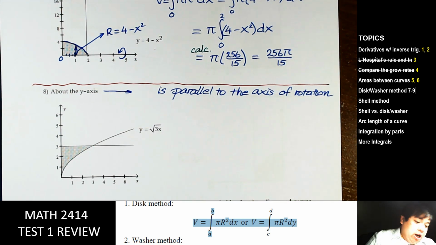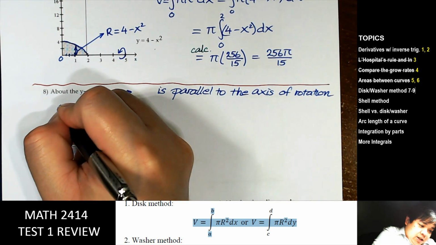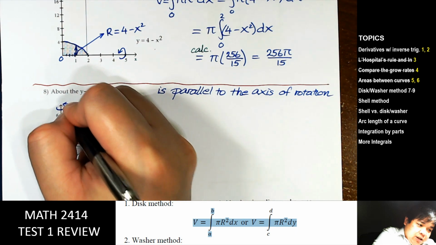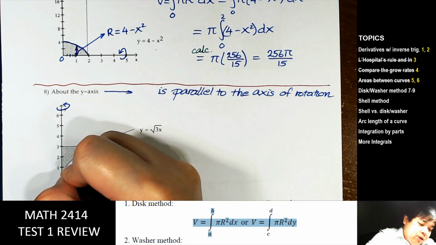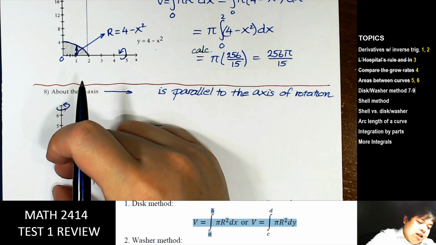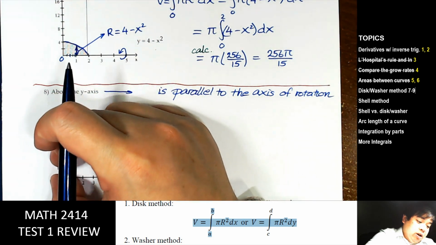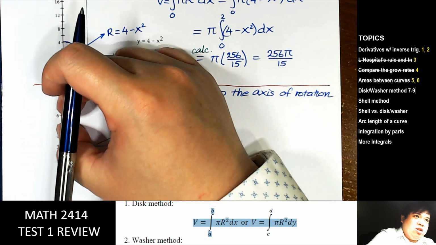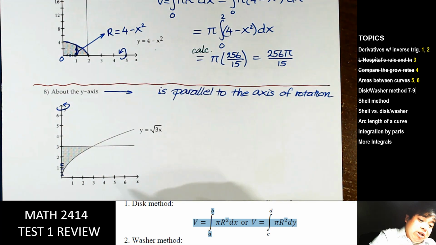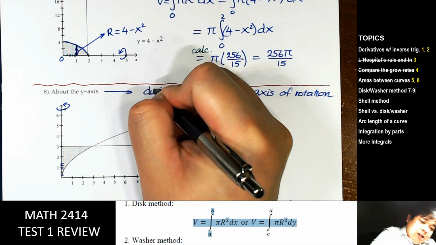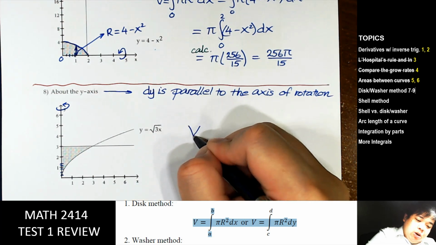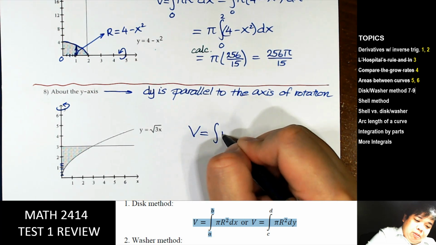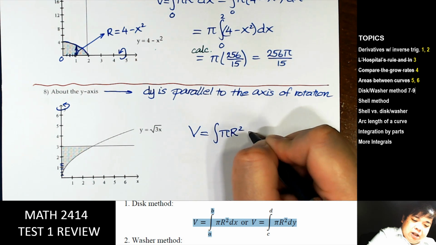And the axis of rotation is the y-axis. So we have to stack the increment parallel to the axis of rotation. So in that case, that will be dy. So the volume is going to be pi r squared dy.